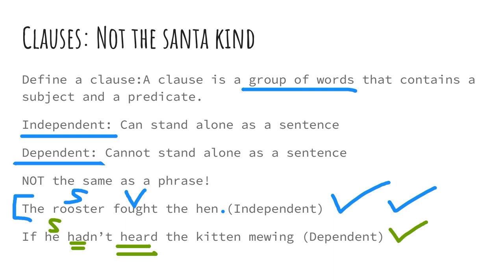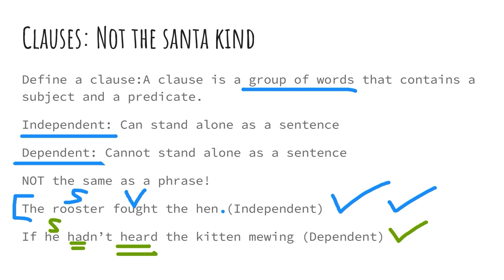But it doesn't finish the story. It doesn't finish the thought. We're missing essential information here. If he hadn't heard the kitten mewing, well, what happened? It leaves us wanting to know more. What would have happened to the kitten? Was the kitten left out in the rain? We don't know. So that would be what we would call a dependent clause.